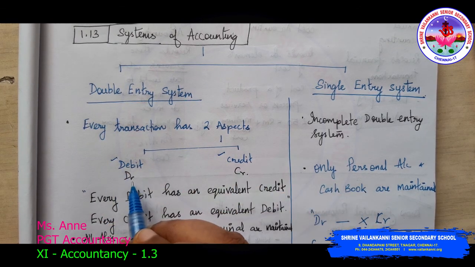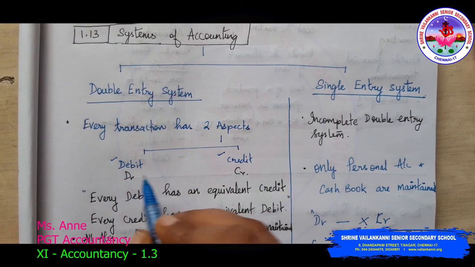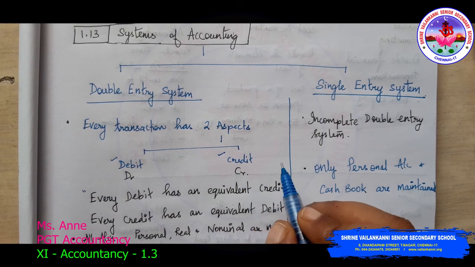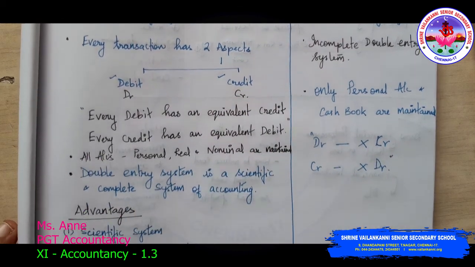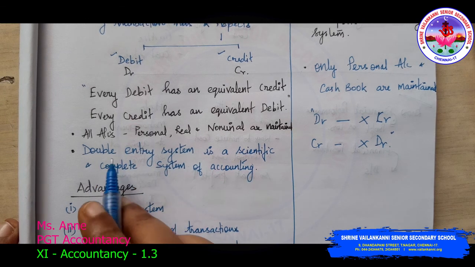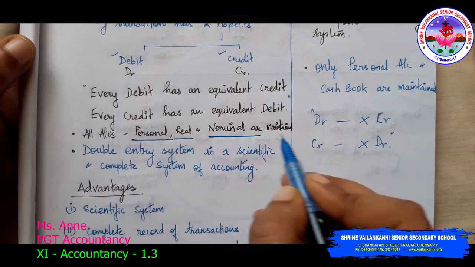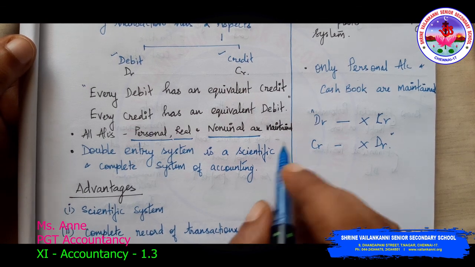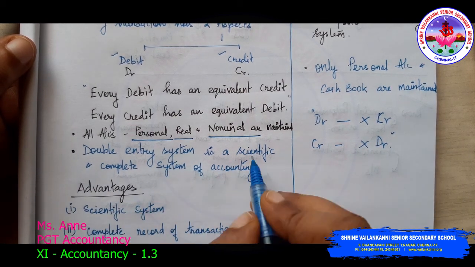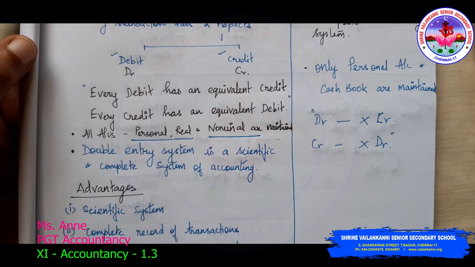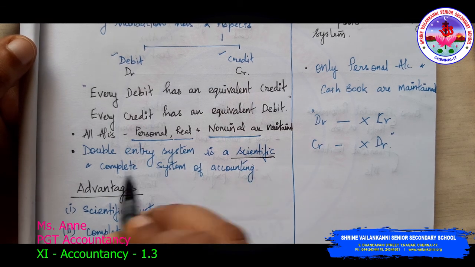Debit is in short called DR and credit in short is called CR. So all accounts are maintained here, that is, your personal account, your real account, your nominal account. And double entry system is a scientific and complete system of accounting.